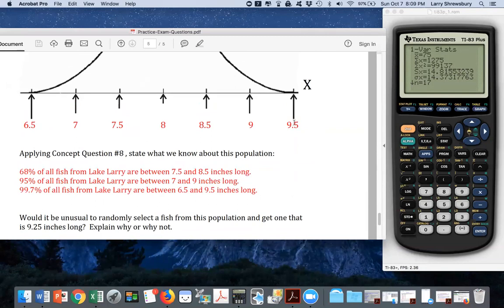Pretty much all of them. So would it be unusual to randomly select a fish from this population and get one that is 9.25 inches? That would be right about there. Well, yes, it would be. That would be unusual, because it's more than 2 standard deviations above the mean.